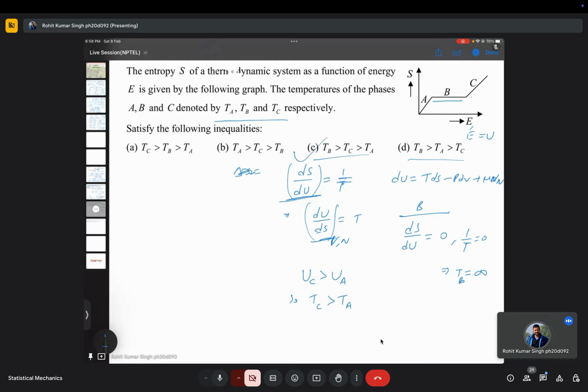That means C is the correct answer. Is that fine? Okay, this is an easy one. Let's go to the next problem then.